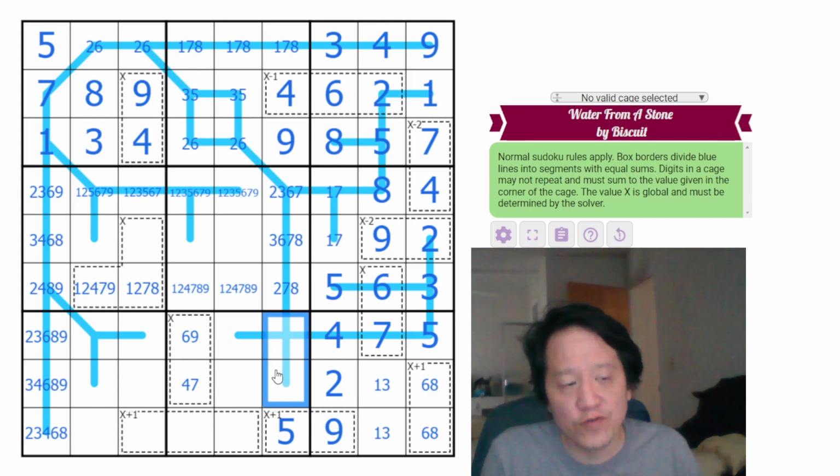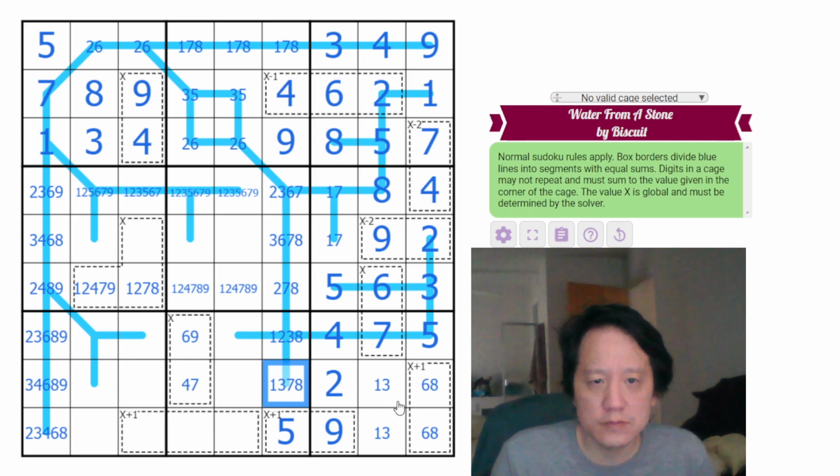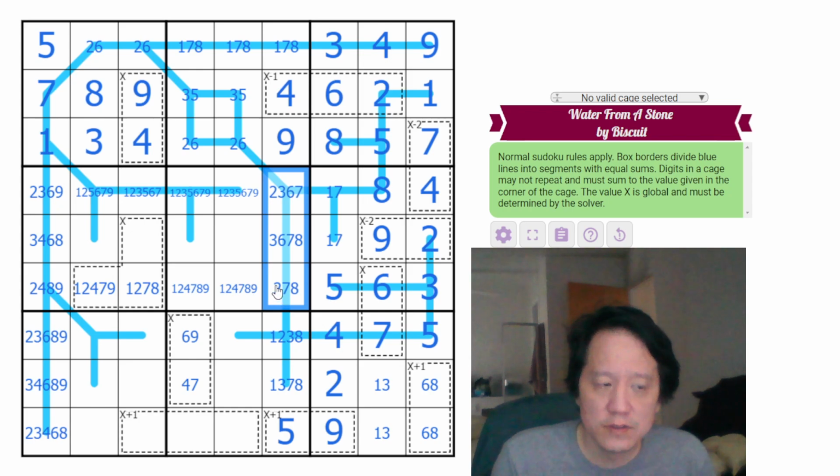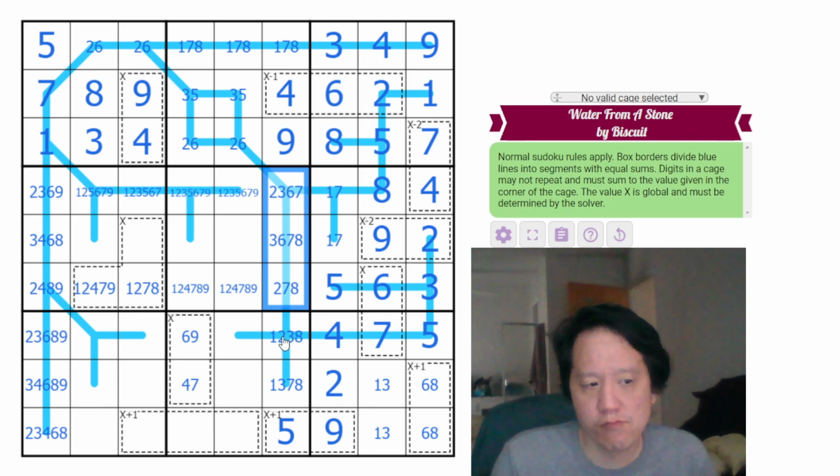So no 4, 5, 6 or 9. So it's 1, 2, 3, 7, 8. So this cannot be 2. This cannot be 7. So this is 2, 6, 8 or 3, 6, 7. Okay, that's a good question. What is this? Right, this adds up to 16.